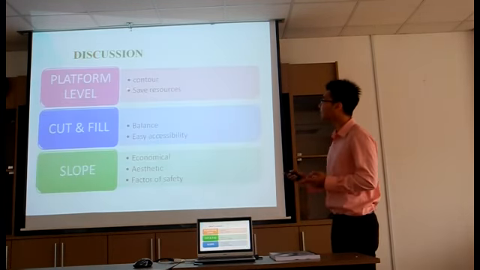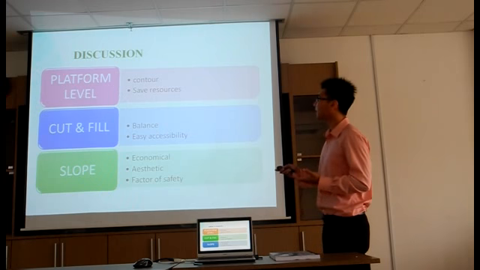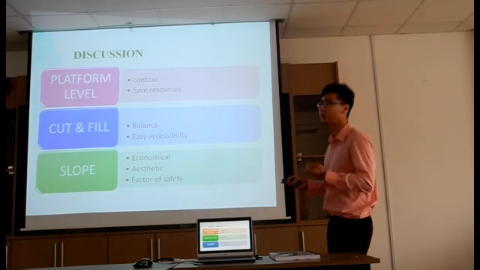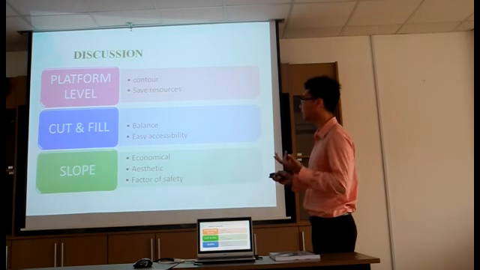Okay, in a short summary, for earthwork we have 3 things: platform level, cut and fill, and slope. First we have to determine the platform level. We base it on the contour, and we determine the platform level based on resources. We try to save as many resources as we can. That means less use of machinery, less use of labor, and easy accessibility, all are under this one. Cut and fill follows the same concept as the platform level. We try to balance it to save cost.